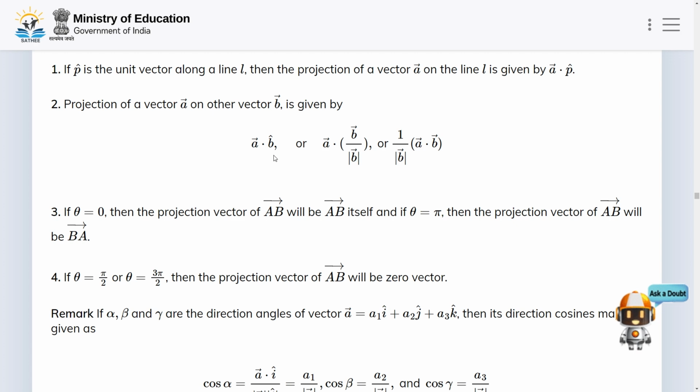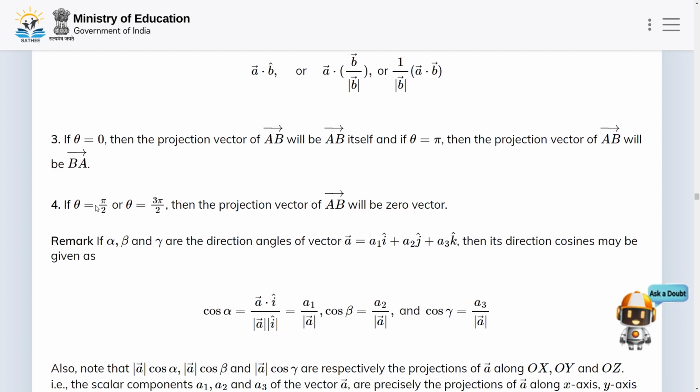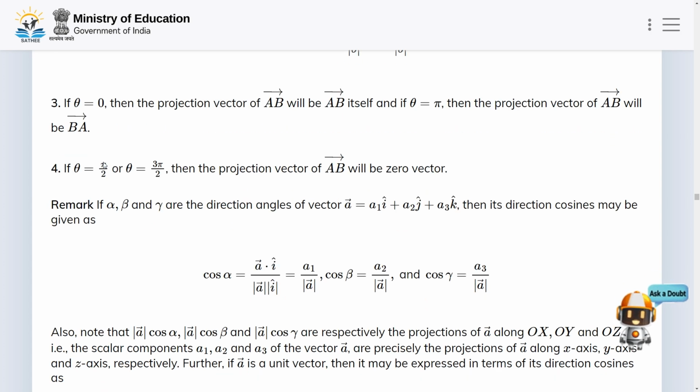Now if theta is 0, then the projection vector of AB will be AB itself, and if theta is pi, then the projection vector of AB will be BA. Just the negative, the direction will be the negative, that's it. If theta is equal to 90 degrees or pi by 2, or 3 pi by 2 or 270 degrees, then the projection vector of AB will be the zero vector.